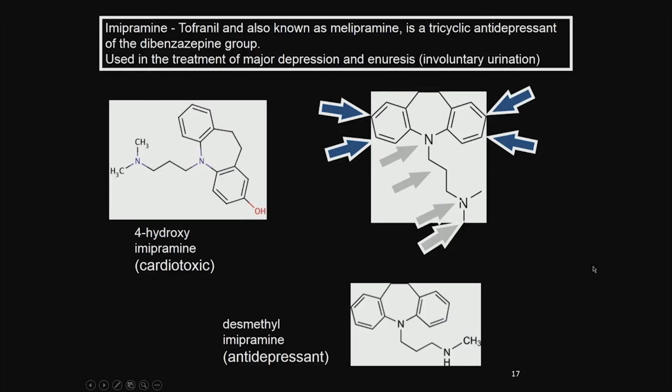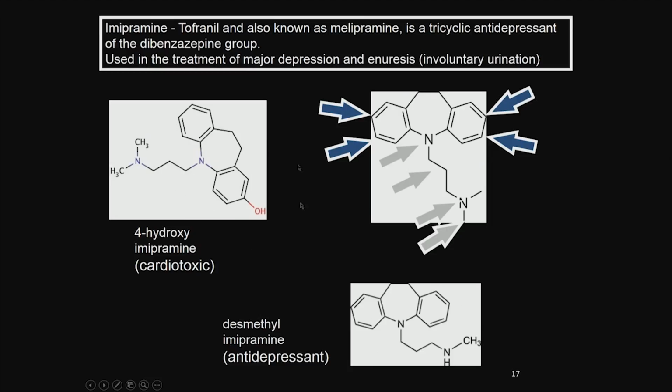So, when you do that, for example, you put an OH, this becomes 4-hydroxyimipramine, which is cardiotoxic. Whereas, if you remove one CH3 here and put an H, desmethylimipramine becomes an antidepressant.